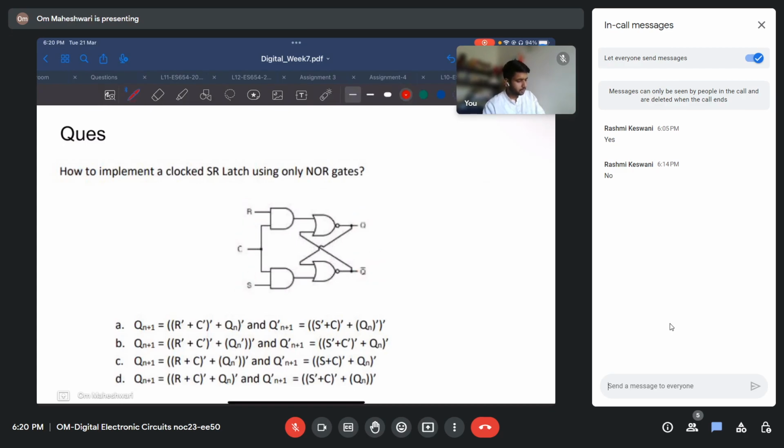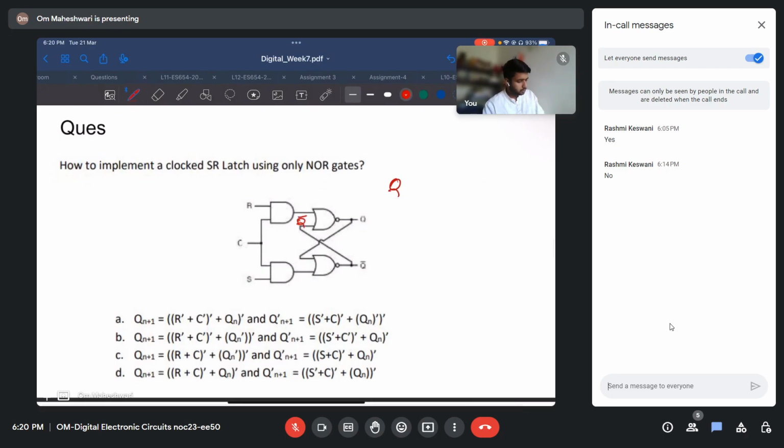So here we can see, right, for Q we have here Q bar and we have C dot R. Q is NOR of CR plus Q bar whole bar, right?